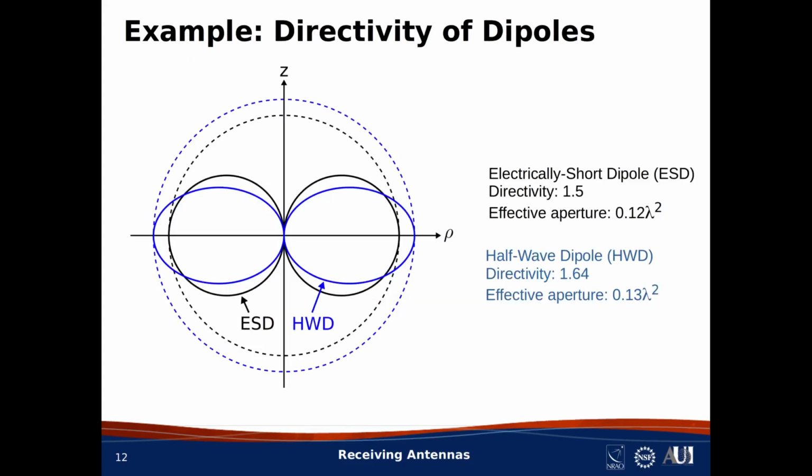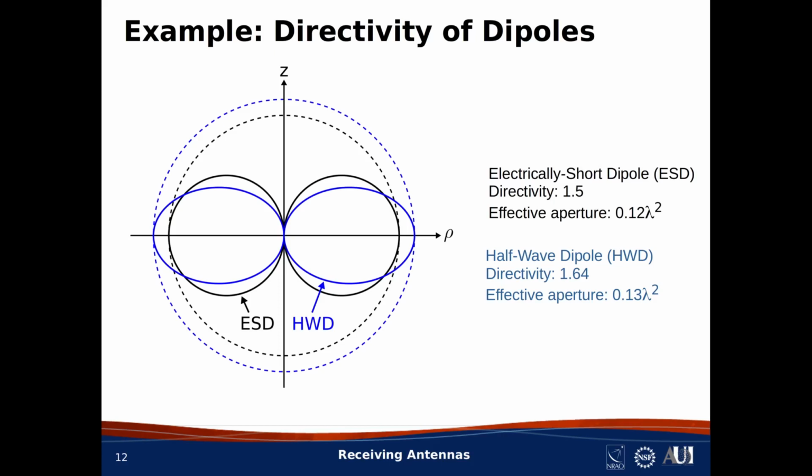Here's an example of how this works out for two important types of dipoles. We've already worked out that the maximum effective aperture of the electrically small dipole is about 0.12 times wavelength squared. Another common dipole is the half-wave dipole, which is not electrically short, but rather is 1/2 wavelength long. The maximum directivity of the half-wave dipole is 1.64, whereas the maximum directivity of the electrically short dipole is 1.5.